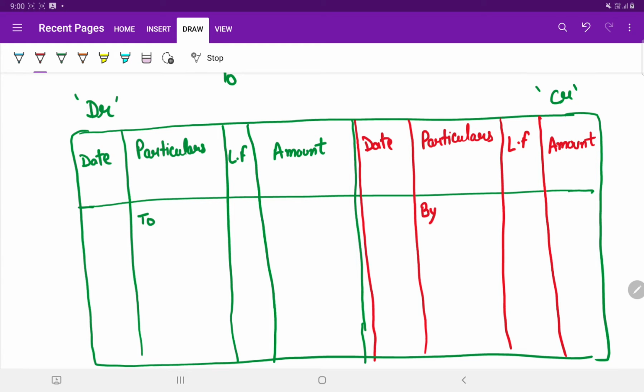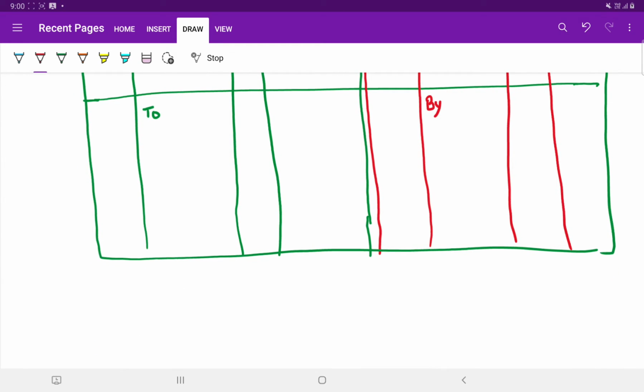And ultimately at the end on the debit side it is written as BD, that refers to the amount brought down, and for the credit side it is written as balance CD, that means carried down. So, do not get confused, and the total is tallied on both the debit and credit side, and it should match each other.